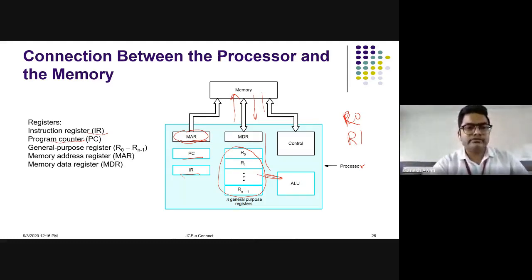Then you have the control unit, which is also in both directions, which can be controlled. Understood? So PC is program counter, IR is instruction register. This R0 to Rn minus 1 are n number of general purpose registers. MAR is memory address register. MDR is memory data register. Understood? We'll discuss this on the next slide.